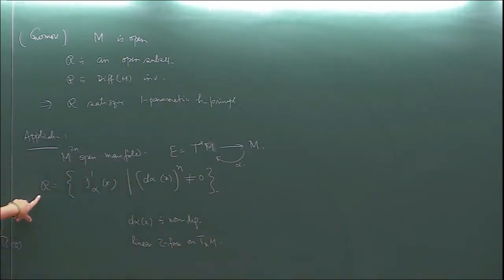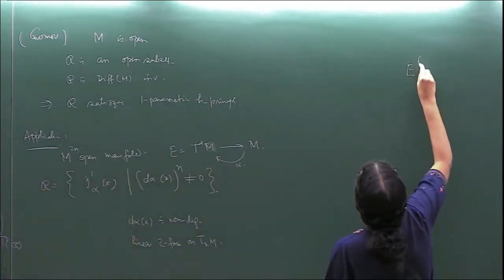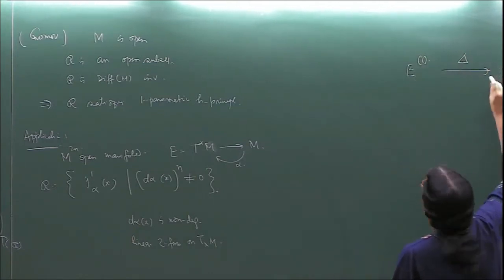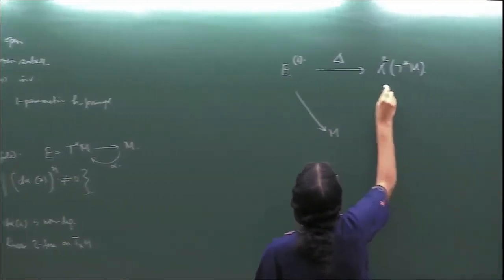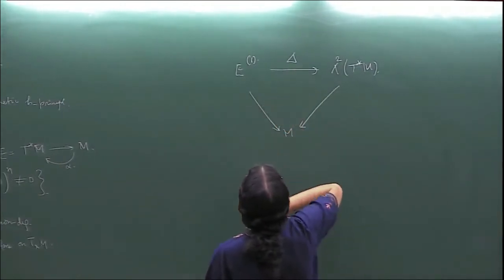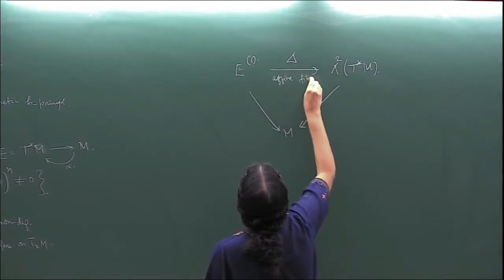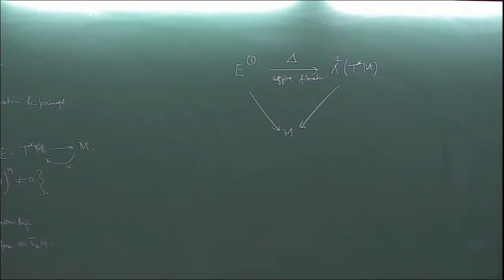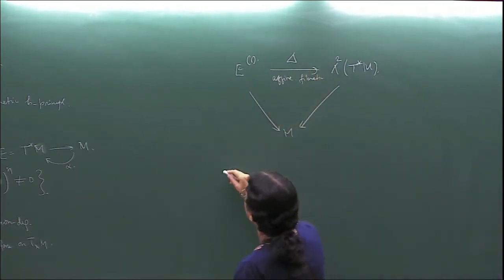So you can view this R as follows. We constructed the one jet space of this, and from there we had the exterior bundle, and both are over M. We constructed this map. We said that this is an affine fibration. That means the fibers are affine spaces, so they are contractible. And what is this map also we defined?